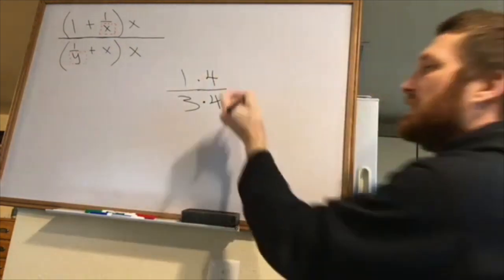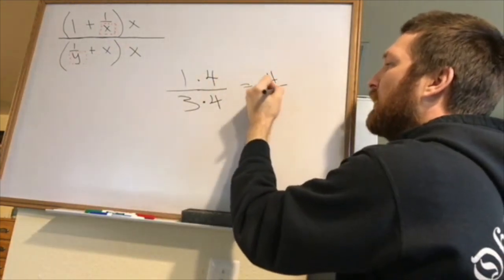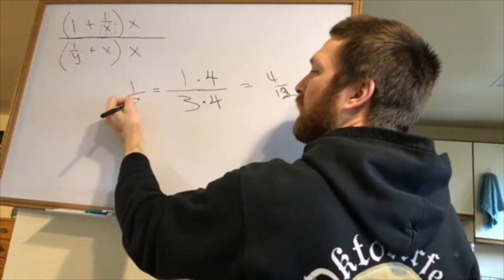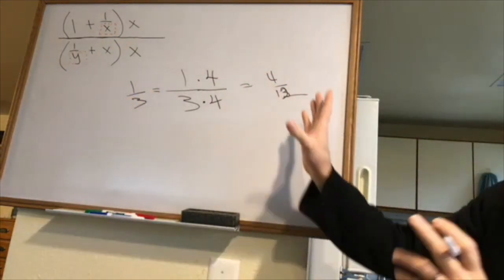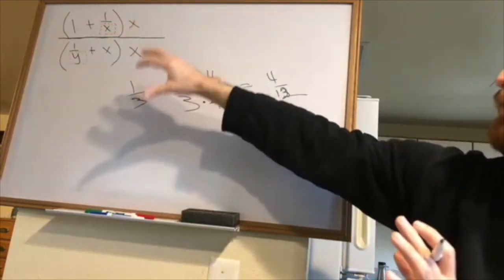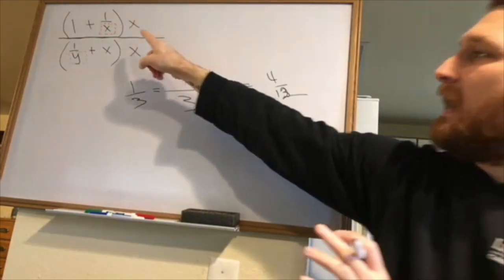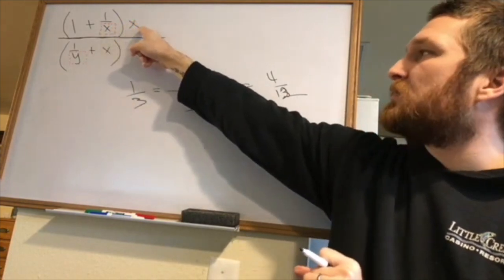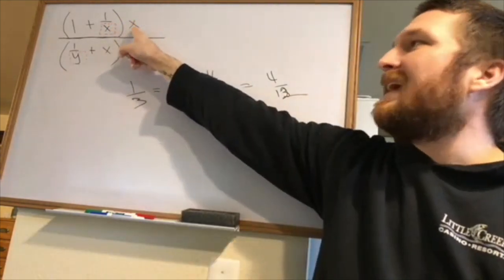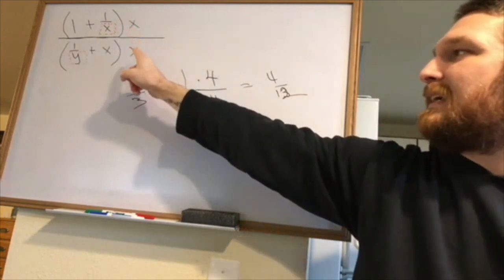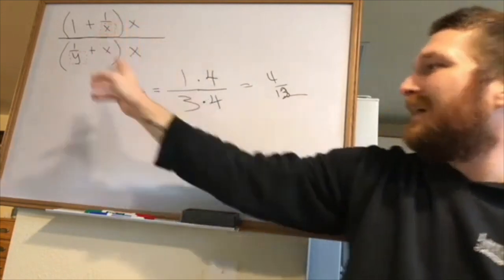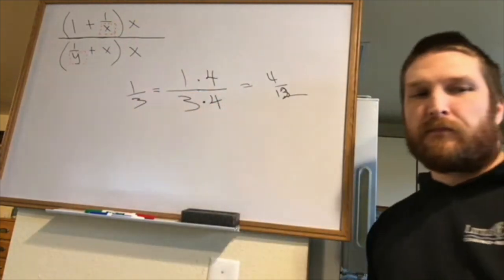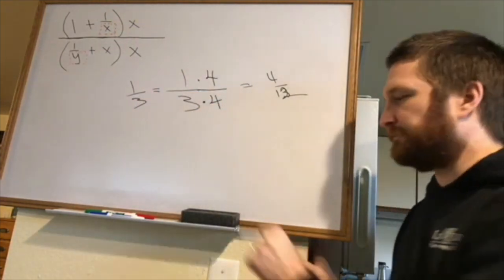And indeed, that gives you 4/12ths, which is the same as 1/3. That's the principle we're using here: I need to kill that X. So if I multiply by X, I'm good to go. But I can't just do that willy-nilly. I have to account for it on the bottom in the same way we did right here. Does that make sense?